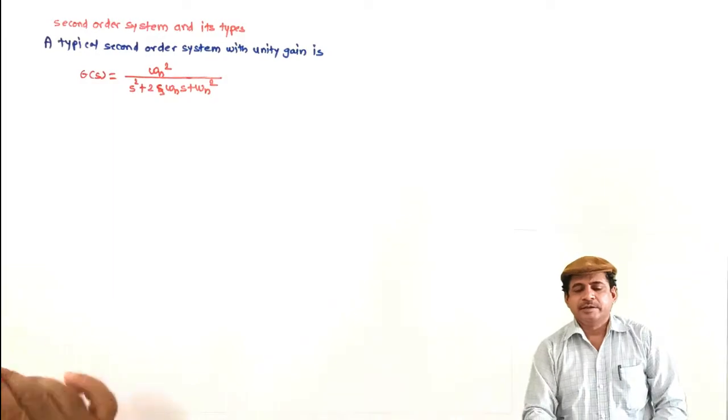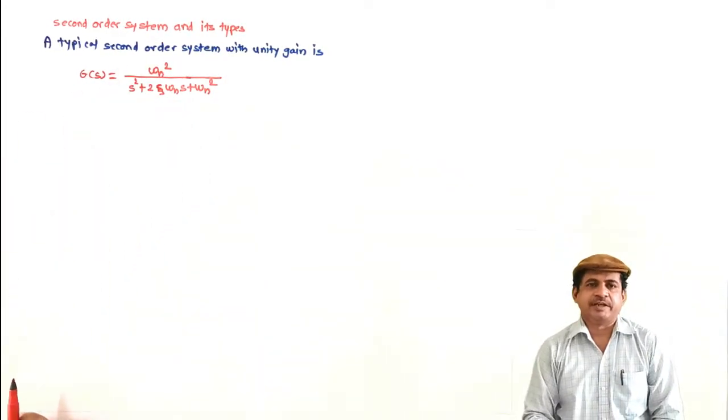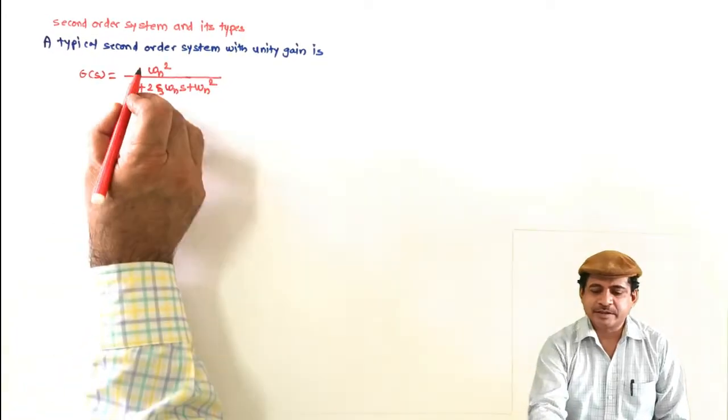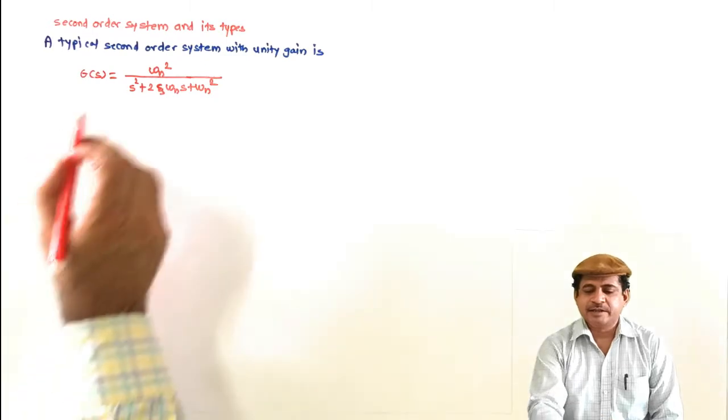In general, the numerator is k into omega n square, where k is the gain. In this case, k is equal to 1, that is why we said that it is a unity gain system, and it is a second order system.